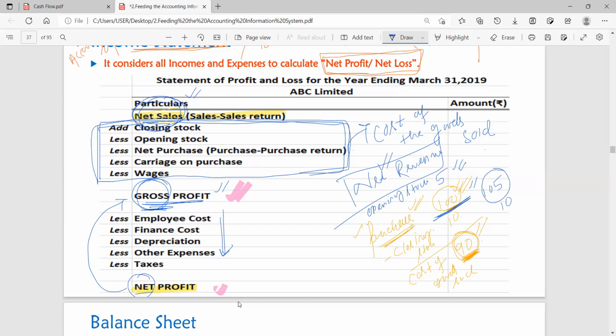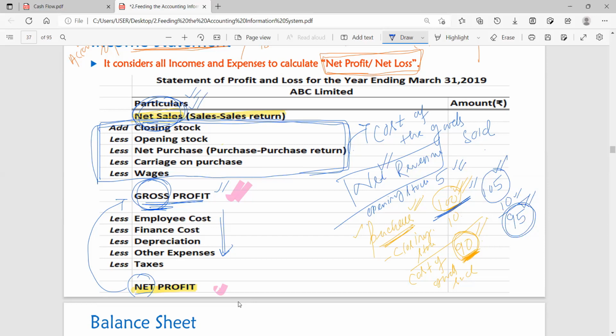Then how much have we sold? 95. So this becomes the cost of the goods sold, which gave us our net sale revenue.